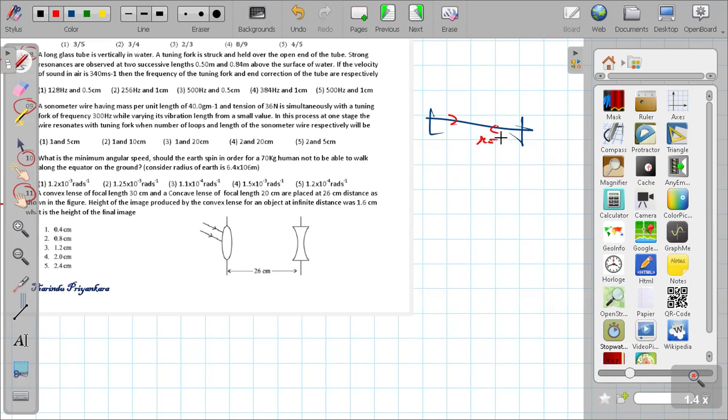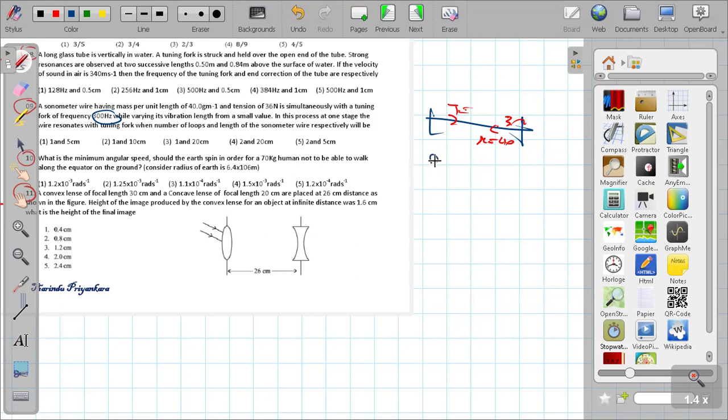Mu equals 40 and the tension equals 36. Okay, have a good look.